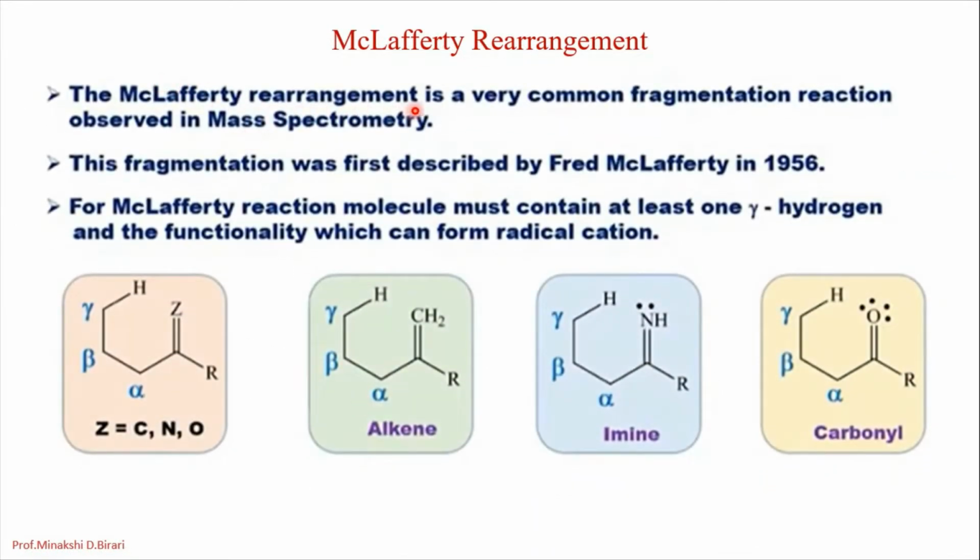The McLafferty rearrangement is a very common fragmentation reaction which is observed in mass spectrometry. This fragmentation was first described by Fred McLafferty in 1956. The McLafferty reaction takes place in a molecule having at least one gamma hydrogen and a functionality which can form a radical cation.